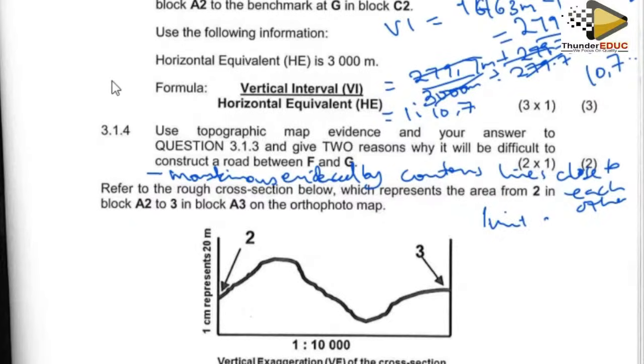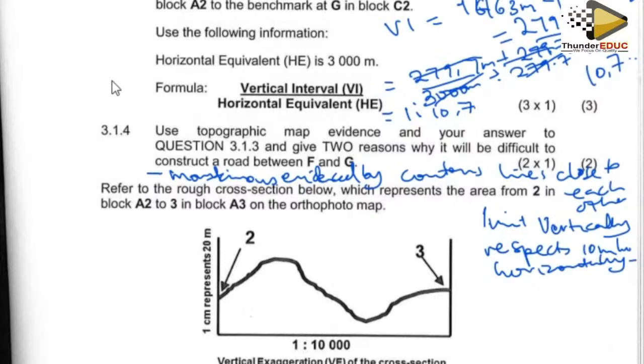What about the answer? The answer given is 1 unit moved vertically represents 10 meters horizontally, which means it is steep.